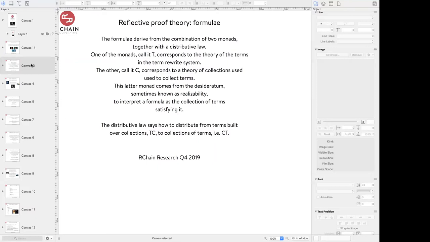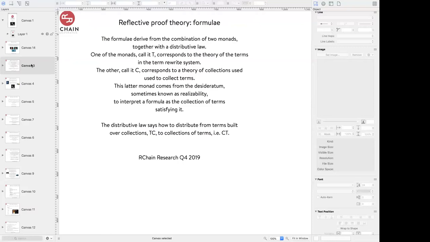So one of the monads, which we will call T, corresponds to the terms of the term rewrite system. So it's effectively the Lawvere theory corresponding to the terms of the term rewrite system. In the case of a nominal theory, it would be a nominal Lawvere theory.